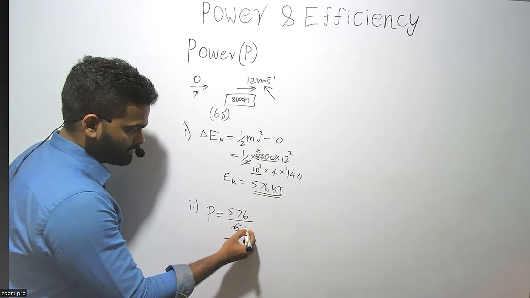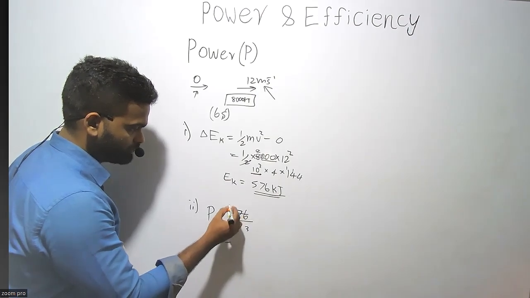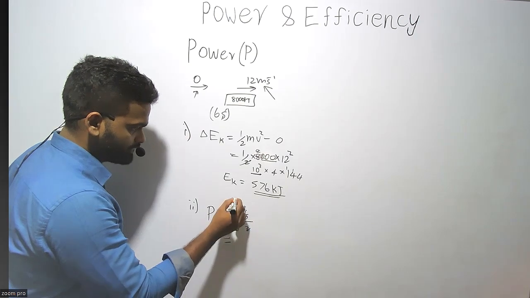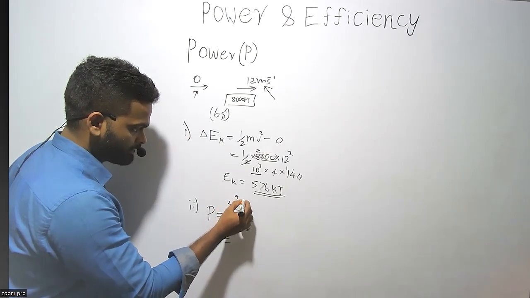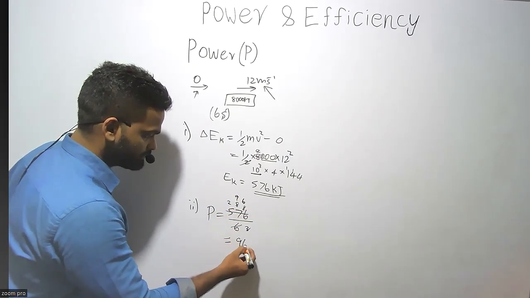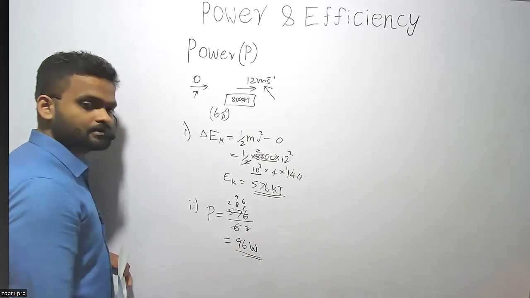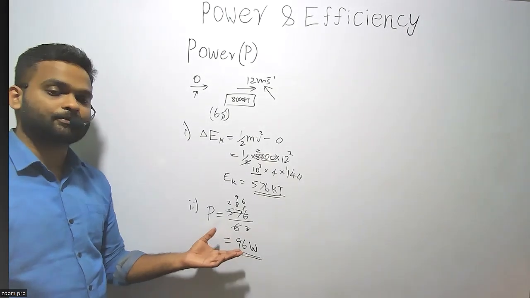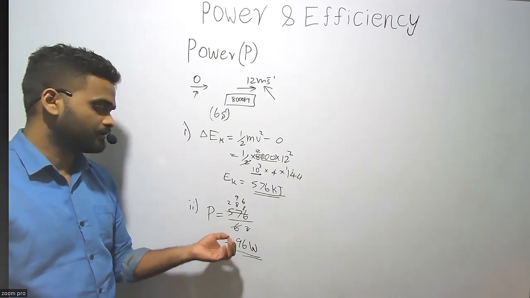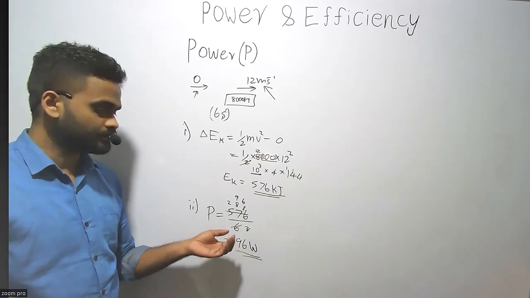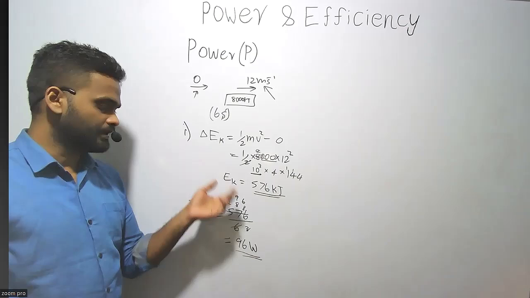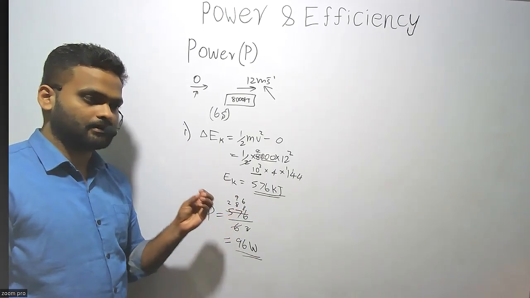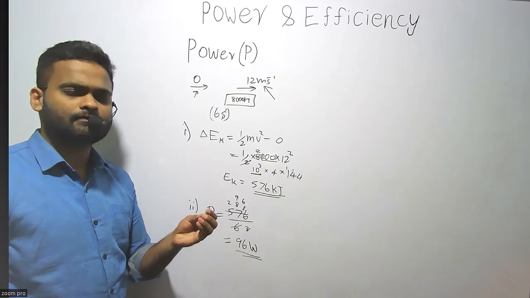So divide by 2, divide by 3. So it is 96 watts. Okay. So this is the power of the whale. Actually, this power is provided by the whale itself. Here we used energy gain divided by time, because energy gained is equal to the work done.